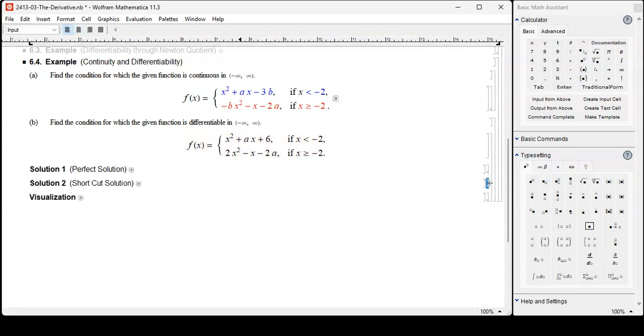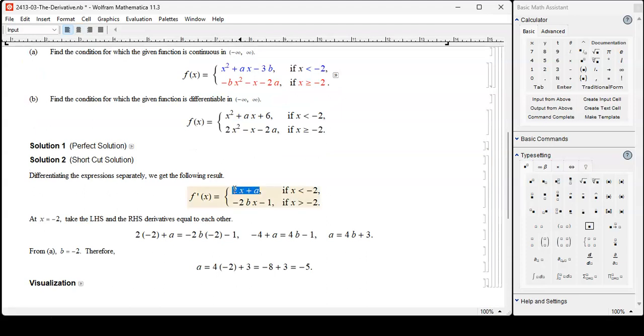Let's see, what do you have? Just a shortcut, all right. Take the derivative here, and take the derivative there, and set these two equal. Wait a minute, b value is -2, so that's +4. +4 times -2, so that's -8.